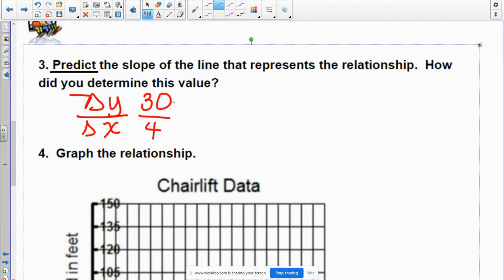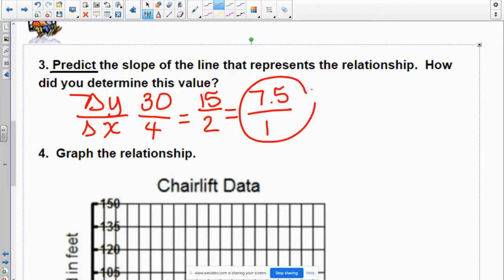Well, 30 over 4 is the same thing as 15 over 2, sounds hopefully repetitive here, and then 15 over 2 is the same as 7.5 over 1. So my slope is 7.5 over 1, or you can name it as 15 over 2 or 30 over 4. All of those are equivalent fractions, so they're the same.